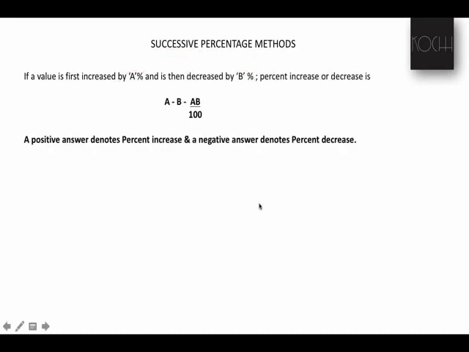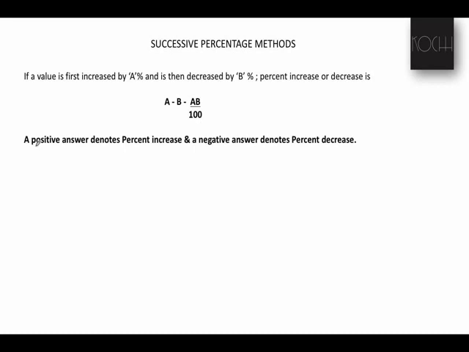Now the next part is, what if a value is first increased by A% and is then decreased by B%? So the formula says A minus B minus AB by 100. So suppose a value is increased by 20% and is then decreased by 10%. Can you tell me what would be the percent change?